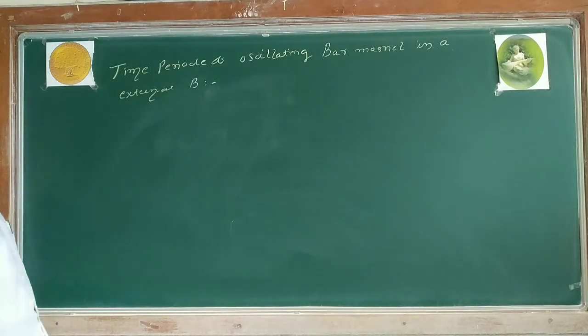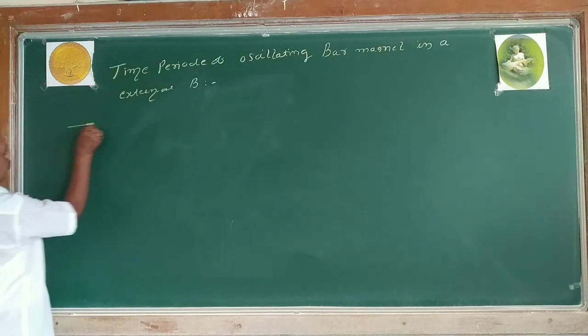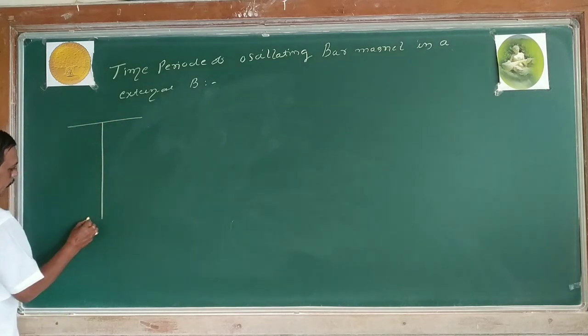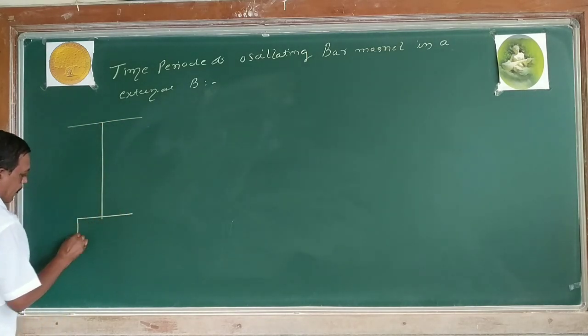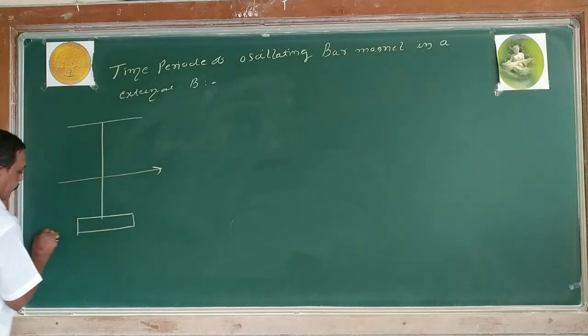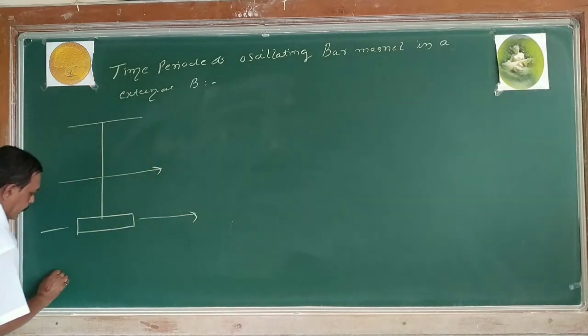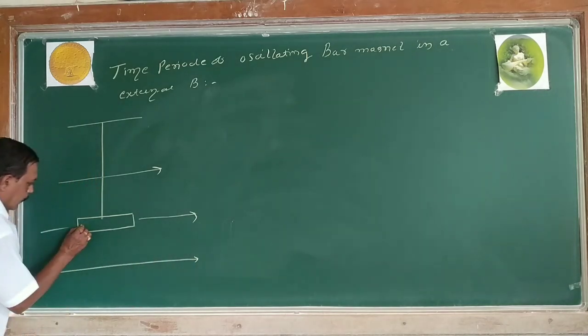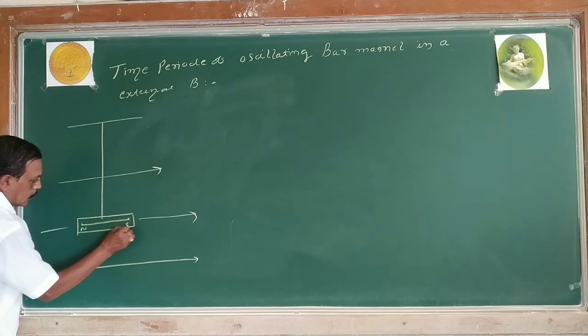So I take the bar magnet which is suspended in the region of an external magnetic field. North, this is south, center.